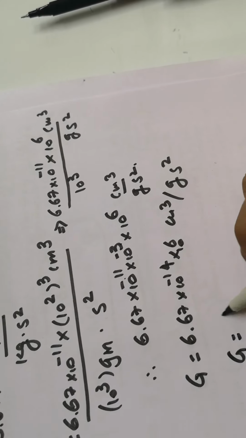As I have told you, you can also remember such conversions, because Newton is part of MKS and I want to convert it, so always remember there is also a direct conversion. 1 Newton is 10 to the power 5 dyne.